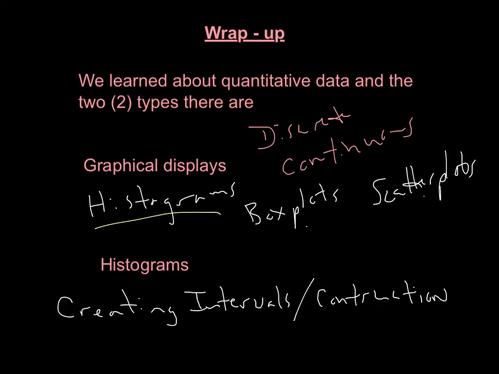Lastly, we talked about the construction of the histogram, first by focusing on creating intervals, and then transferring those intervals to a nice proportional drawing where we carefully watched the width of our bins and made sure that we matched up nice and neatly to the frequency on the vertical scale.